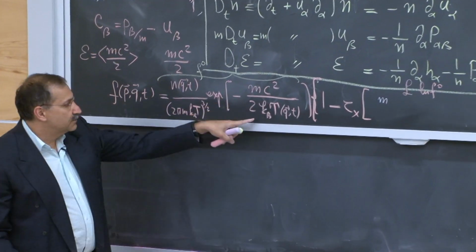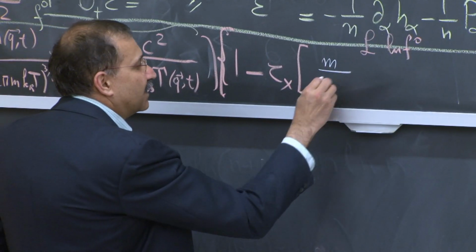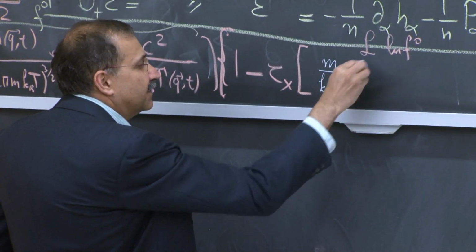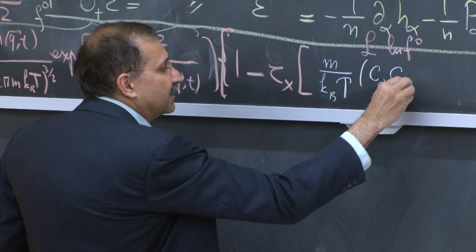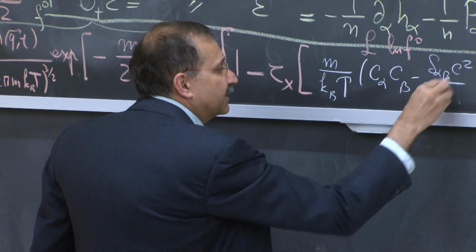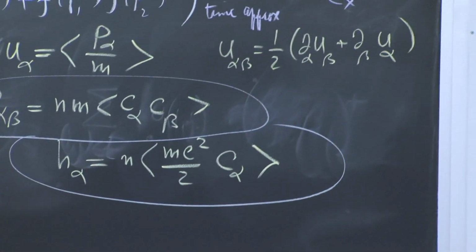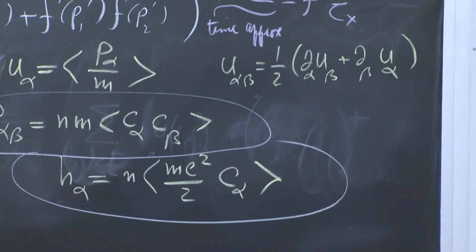Not surprisingly, you're going to get factors of m over kT. You get c alpha c beta minus delta alpha beta c squared over 3, acting on this rate of strain tensor that we have defined over here.